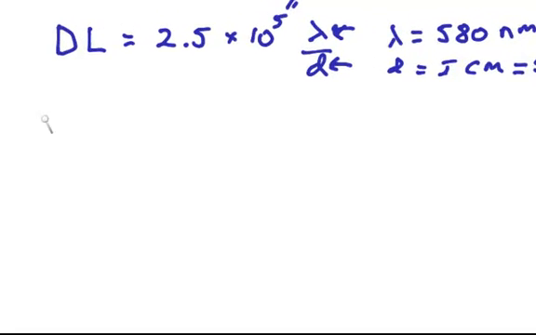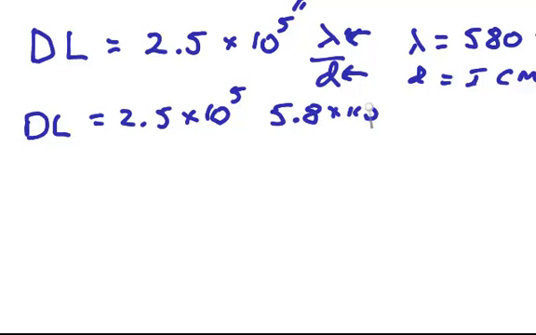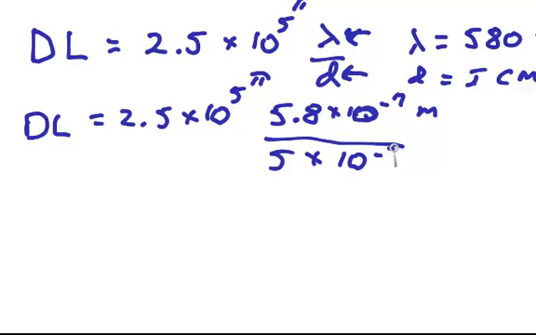So let's solve the problem. The diffraction limit is equal to 2.5 times 10 to the fifth arc seconds times 5.8 times 10 to the minus 7 meters, and we're going to be dividing by 5 times 10 to the minus 2 meters for the diameter of the telescope.